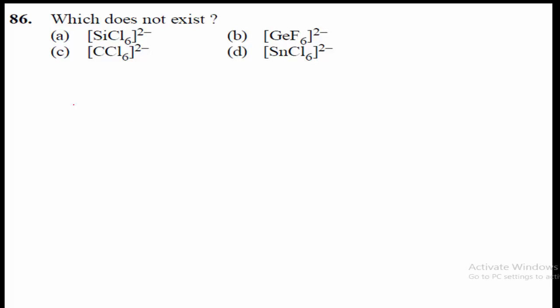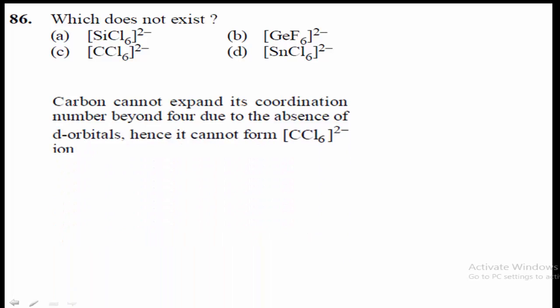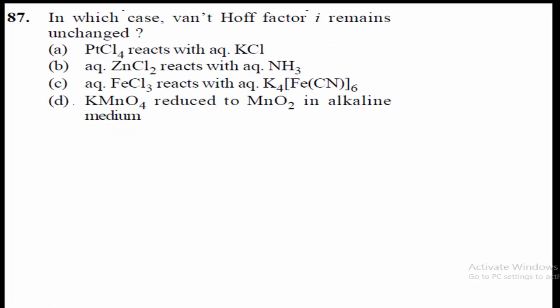So just by simply observing the options, you can say carbon does not expand its valency above 4, and hence option C, that is CCl6 2-, is not possible because it cannot expand its coordination number because of absence of d orbitals. Therefore option C is the right one.